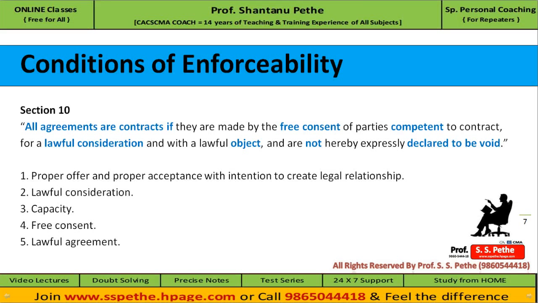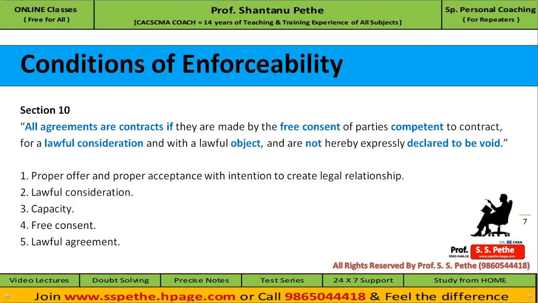Now let's focus on the most important section of the Indian Contract Act, that is, the condition of enforceability. We have already seen that all agreements are not contracts, only those which are enforceable by law will be treated as contracts.